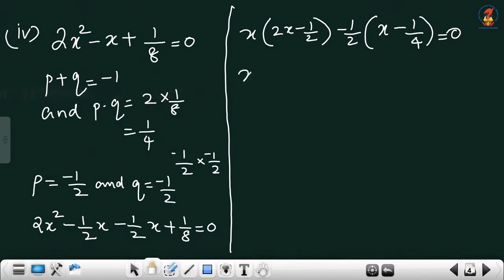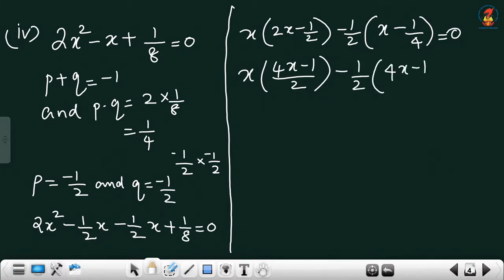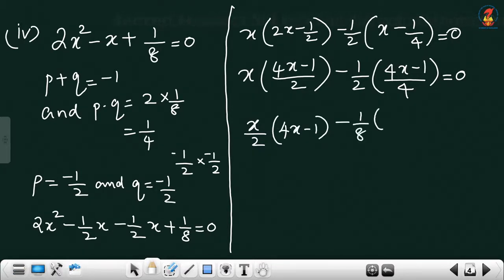Take the LCM for these two. So it is 4x minus 1 by 2 minus 1 by 2 into 4x minus 1 by 4 equal to 0. So it is x by 2 into 4x minus 1 minus 1 by 8 into 4x minus 1 equal to 0.